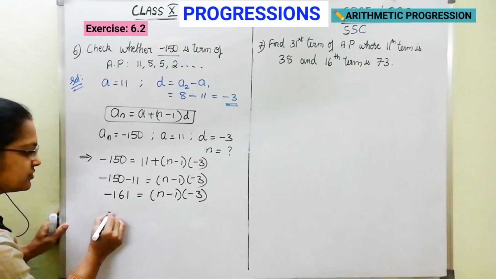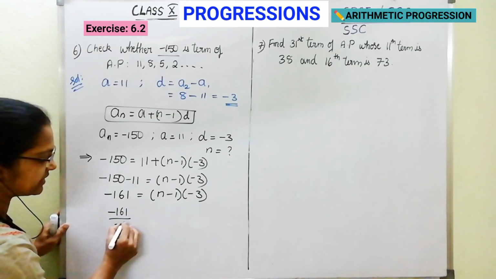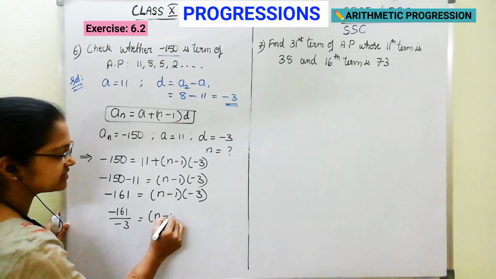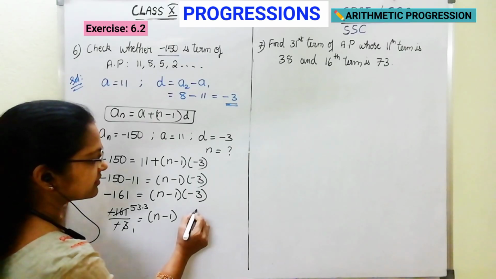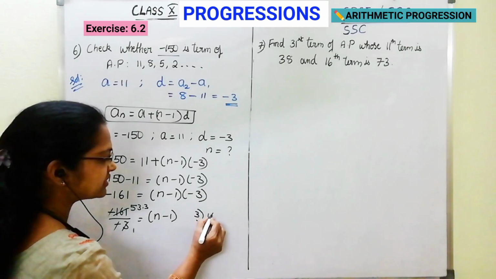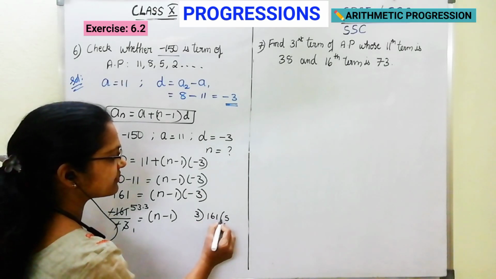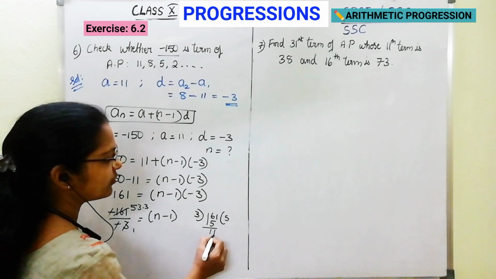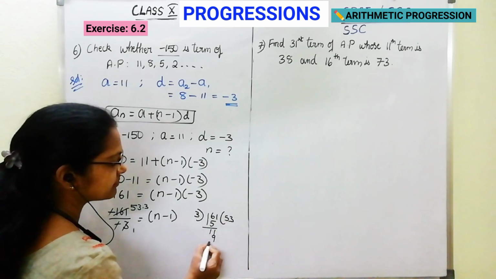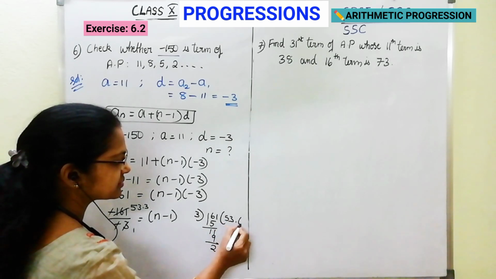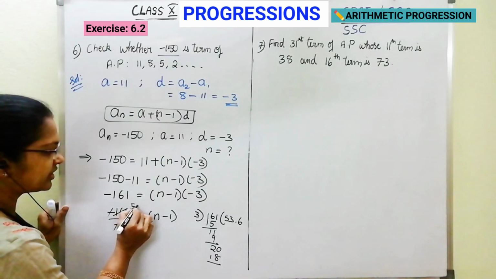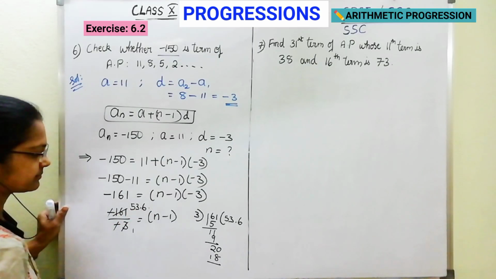Bring this minus 3 here. So minus 161 by minus 3 is equal to n minus 1. You divide it. 3 5s are 15, 1, 1. 3 3s are 9. We are left over with 2, so 53.6.